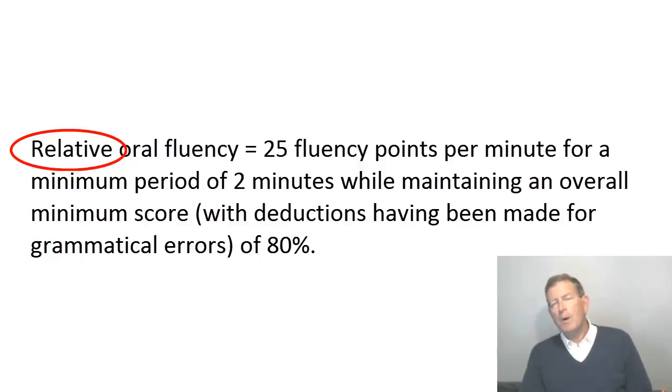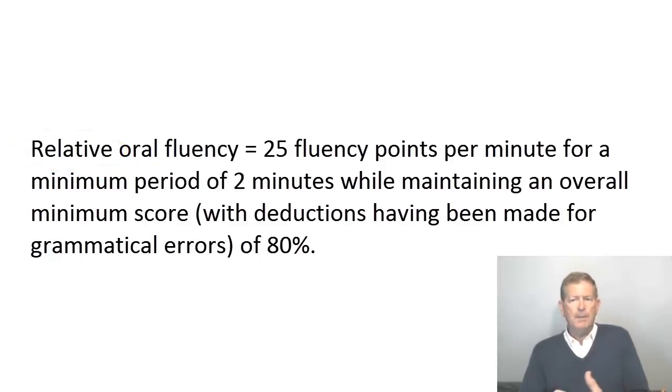And because I wanted their speech as well to be coherent, I tempered this score by means of a deduction for structural errors in their speech. And I determined that they had to speak, as I said, with at least 25 fluency points per minute for 2 minutes, and they needed to maintain an overall score of at least 80%. And you can look at my particular system to see how I come up with a percentage for their presentation at the end of their presentation.